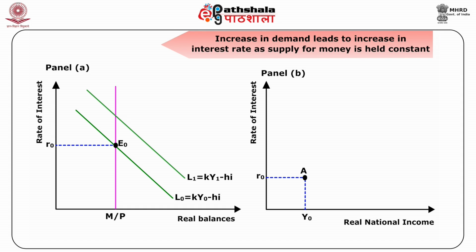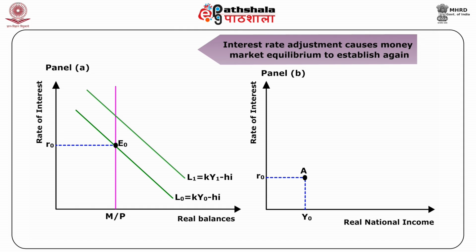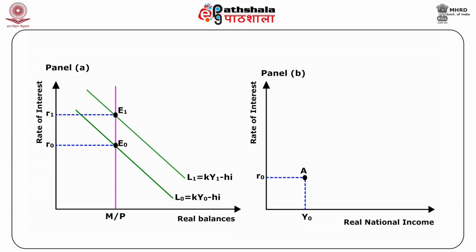This increase in demand leads to an increase in the interest rate as the supply of money is held constant. The interest rate adjustment causes the money market equilibrium to establish again at E1. At this new equilibrium point E1, the level of income is Y1. The point corresponding to this new equilibrium is point B at interest rate R1 and income Y1.